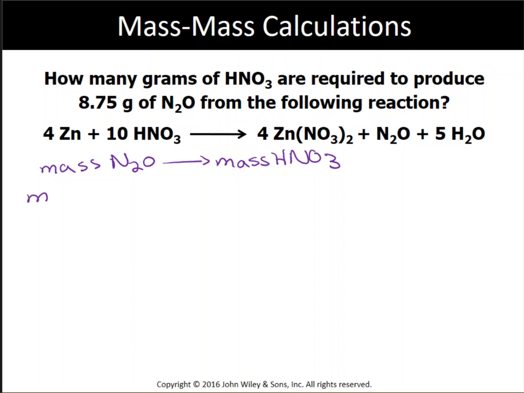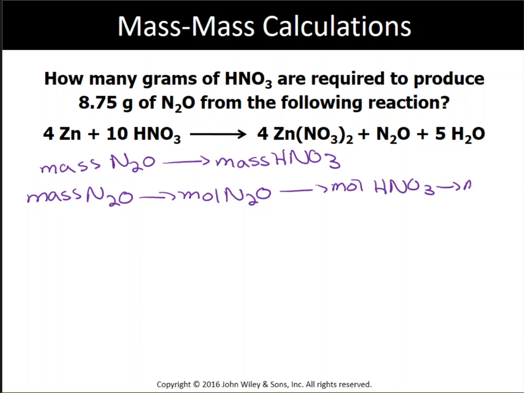So from mass of dinitrogen monoxide, we want to go to moles of dinitrogen monoxide. And once we find the moles of dinitrogen monoxide, we want to find moles of nitric acid and then mass of nitric acid.